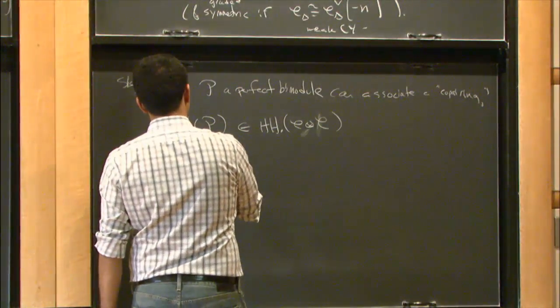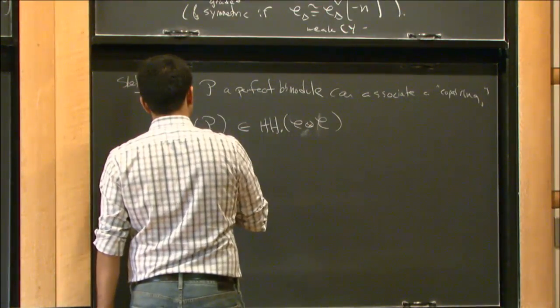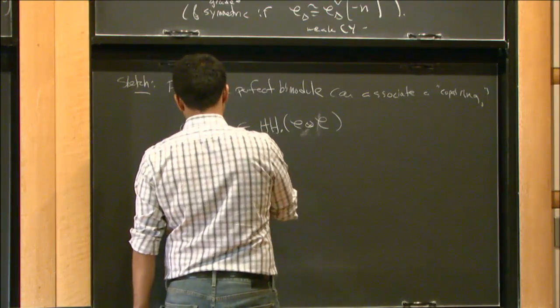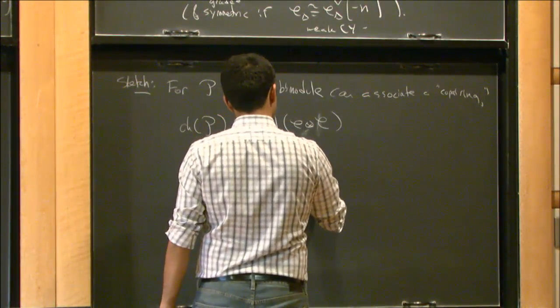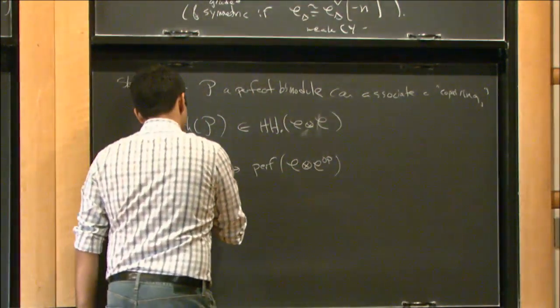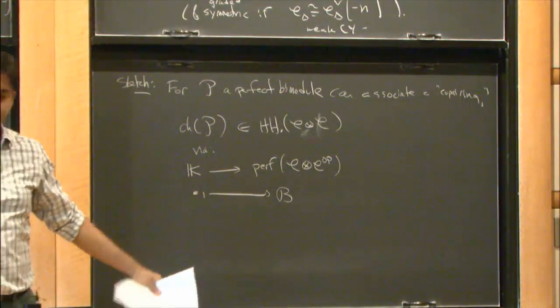Via the following: a perfect bimodule P. Anytime you have an object in a category, there's a functor from the category with one object to the category that sends the one object to the object you're interested in.